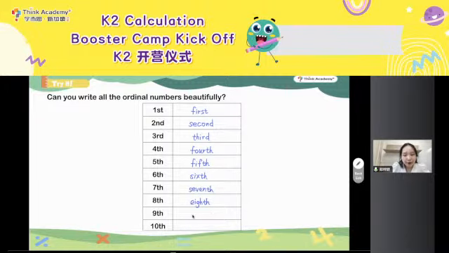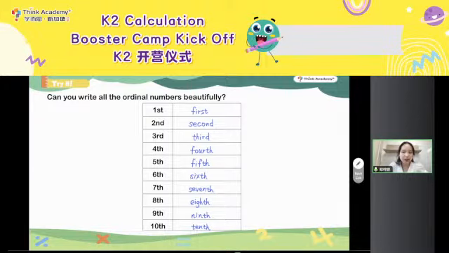So it's gonna be, do I have to add an E in here for 9? No, it's N-I-N-T-H. Okay. So the last one, 10th, how can I write it? T-E-N-T-H. All right, amazing job.